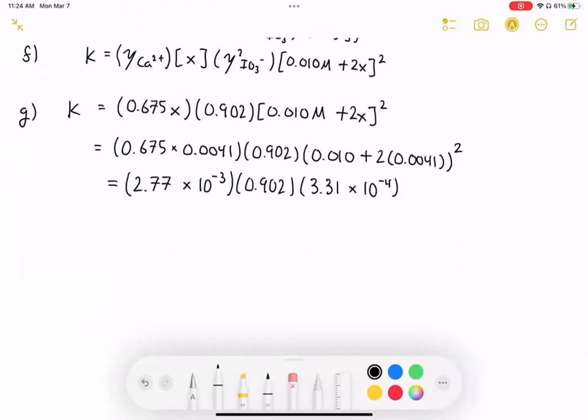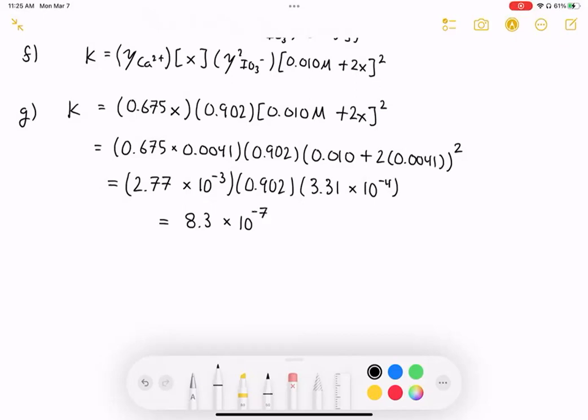Okay. So now let's simplify things further. 2.77 e to the negative third times 0.902 times 3.31 e to the negative 4, and we get this value is 8.3 times 10 to the negative 7.